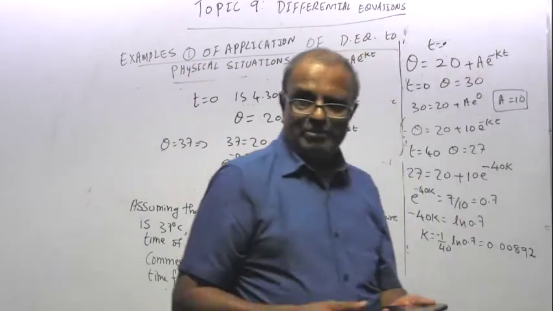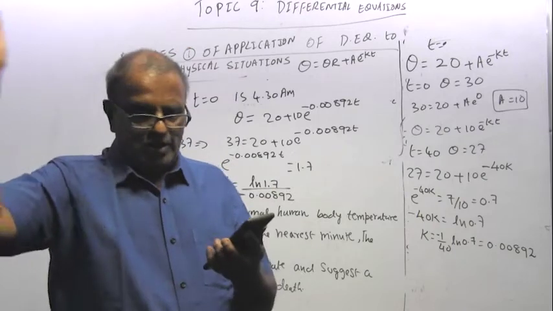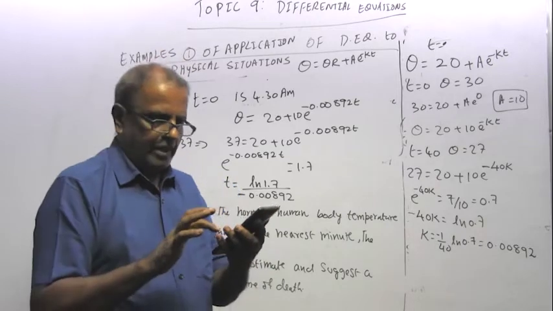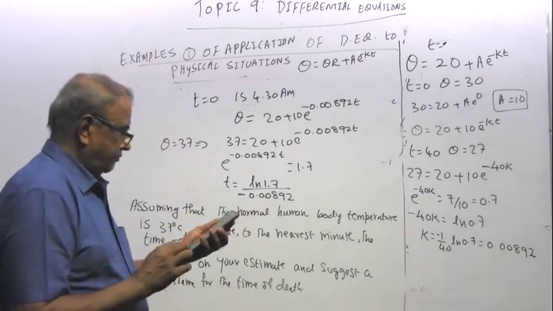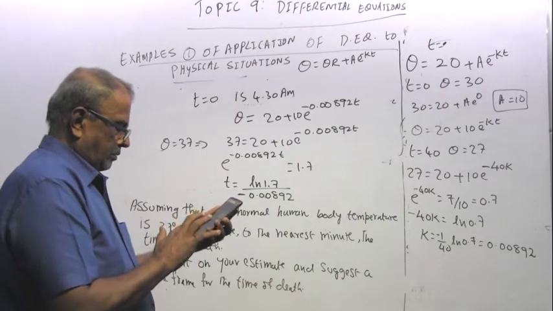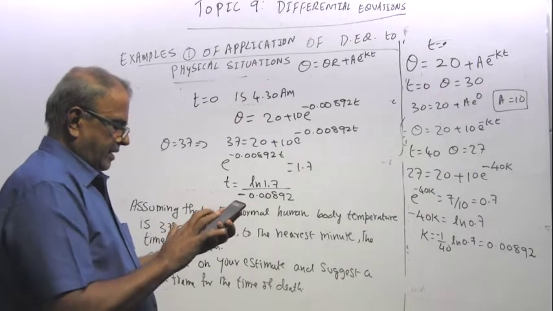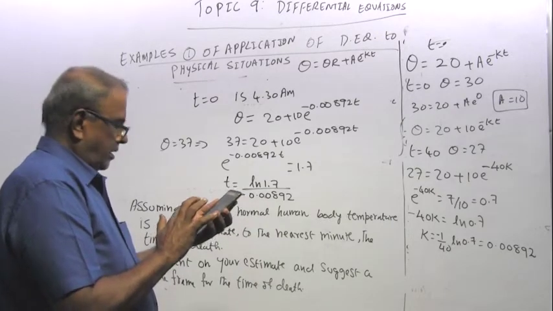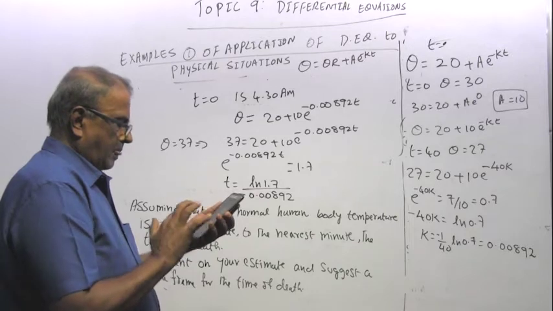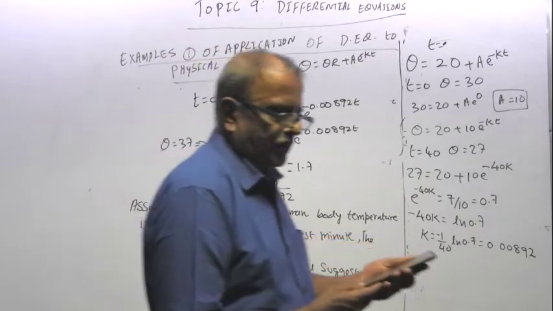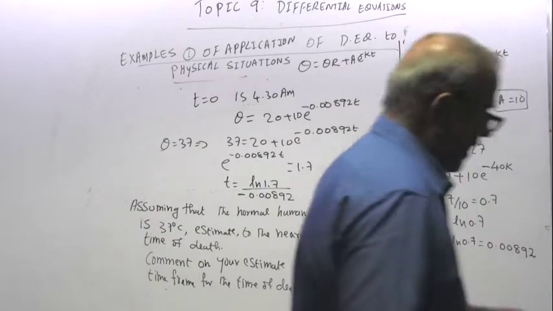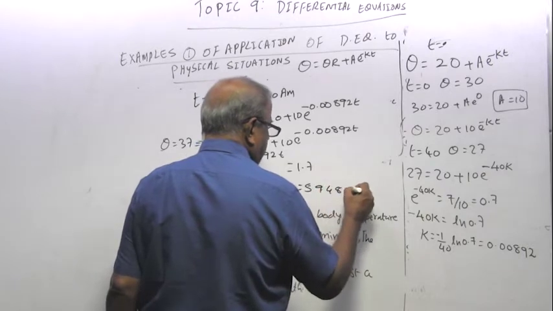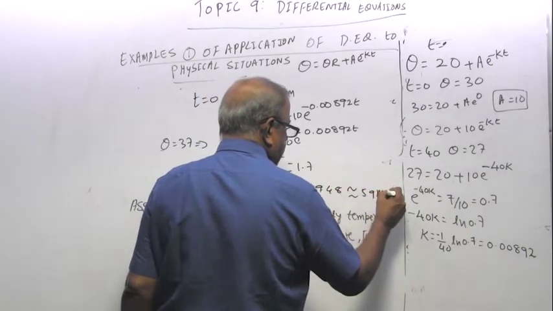Can you guess why? Because we're going backwards in time to find out when the man was alive. So ln 1.7 divided by 0.00892 is 59.48, so approximately 59 minutes.